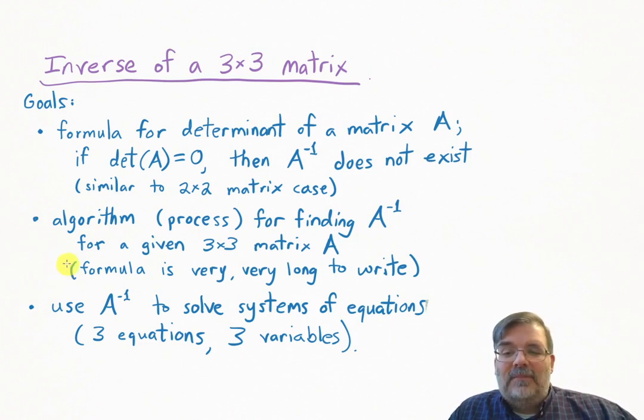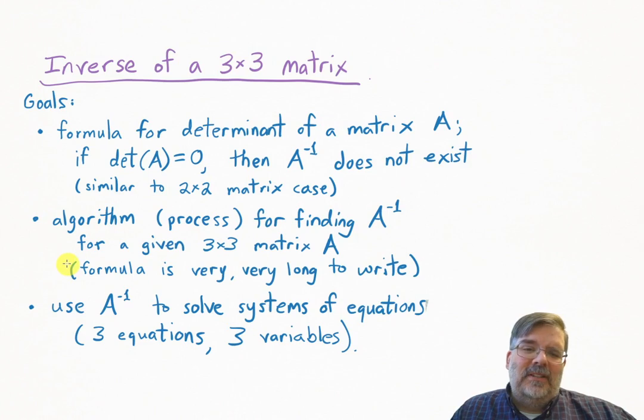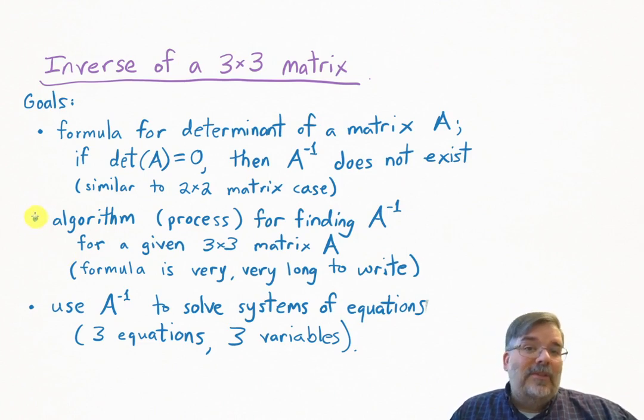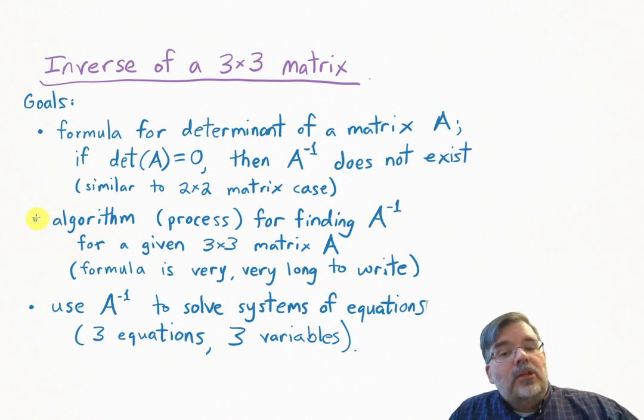It involves something called an adjoint matrix and alternating signs and determinants, and I really like the process a little bit better, and it's related to row operations, so it ties in with augmented matrices. So we'll talk about an algorithm to find an inverse matrix.